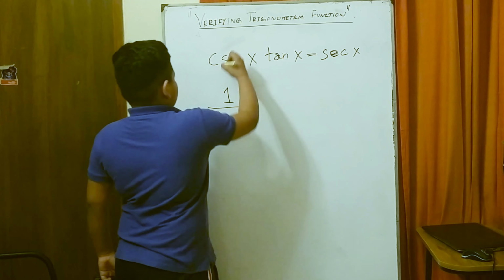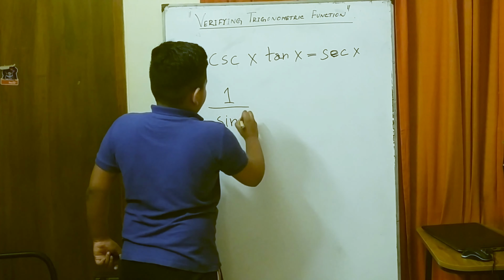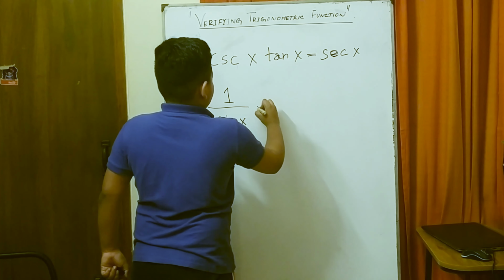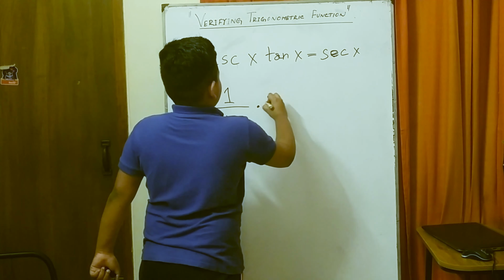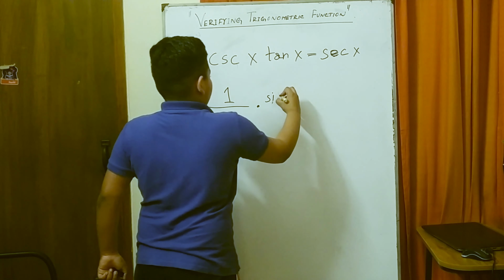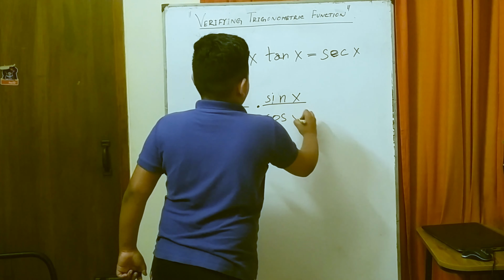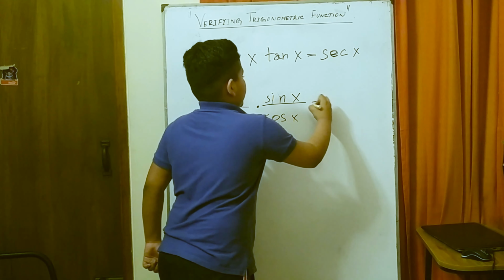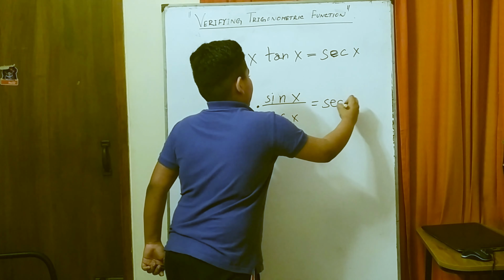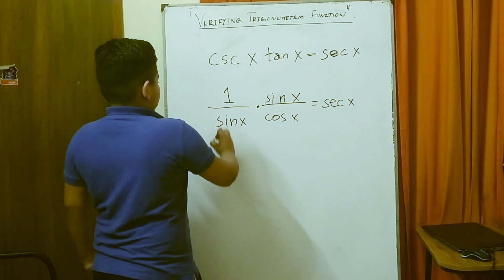Now, since it is the reciprocal of sine x, we're going to use that. And since tangent x is basically sine x over cosine x, we're going to put that. And this is basically no change at all, so we can keep the other side as it is. We don't need to change it at the moment.